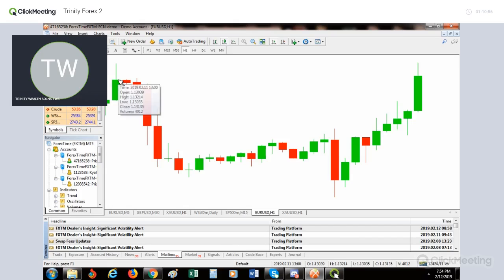They moved it up to the highest, which was 1.13214. Then the bears said, no, this is our area, we are going to come in and fight this battle. You can see the upper wick is quite long, meaning the bears were really fighting. No wonder after it closed, all the other candles are bearish.